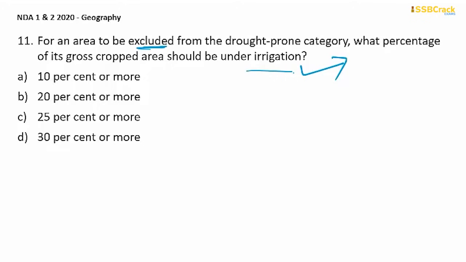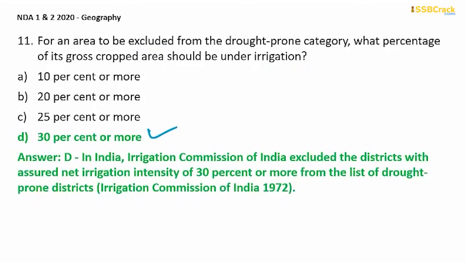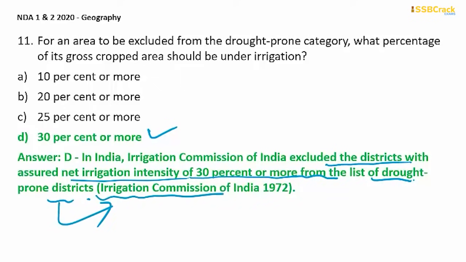The correct answer for this is option D, because in India, the Irrigation Commission of India excluded the districts with assured net irrigation intensity of 30% or more from the list of drought prone districts, and this is as per the rules created by the Irrigation Commission of India, which was established in 1972. I hope this is clear to you all.